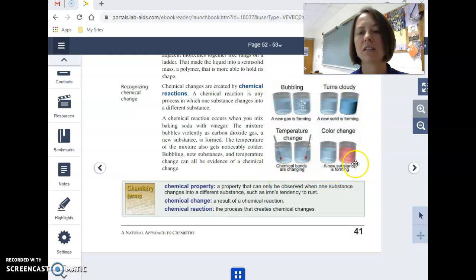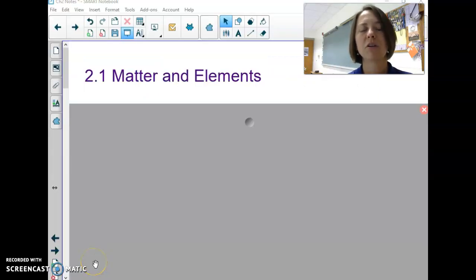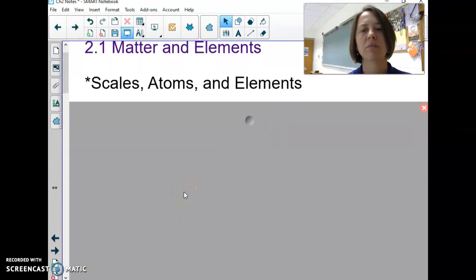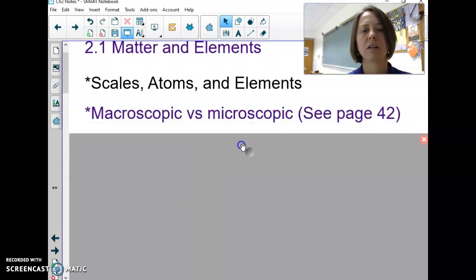So these are all evidence that a chemical change has occurred. When we're talking about chemical changes and atoms and elements and matter, we need to figure out the scale we are talking about. So looking at scales, atoms, and elements, let's talk about macroscopic versus microscopic scales.